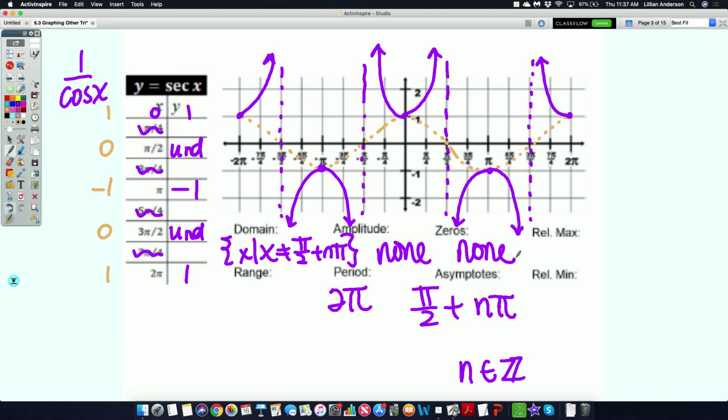Let's identify all the relative maximums. You need one of them. Give me one maximum. Pi. I could say pi. Now, how far apart are the maximums? 2 pi. So then you're going to put 2 n pi to represent every one.